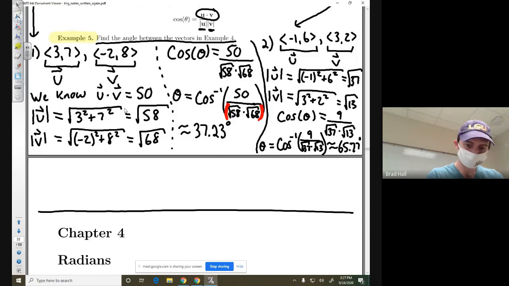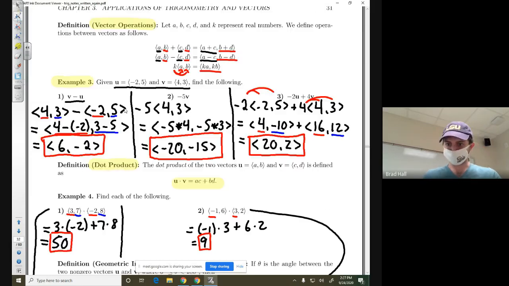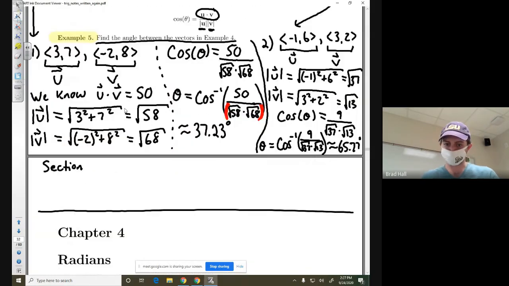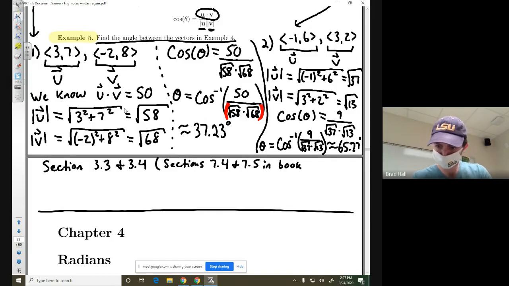So sections, what are they called in the notes? 3.3 and 3.4. Sections 7.4 and 7.5 in the book. Homework due Tuesday. I need to get a chance to collect them and grade them.